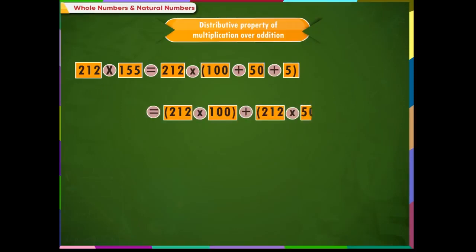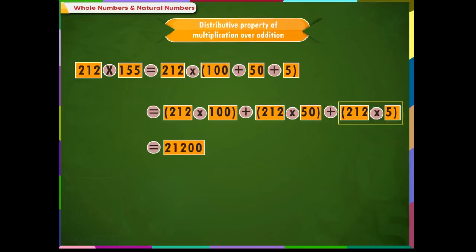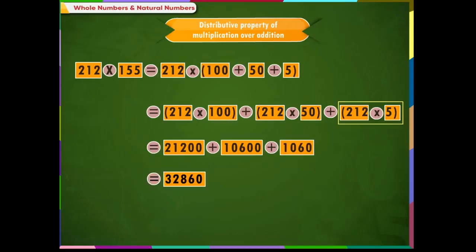We then multiply the numbers in parts, that is 212 multiplied by 100 plus 212 multiplied by 50 plus 212 multiplied by 5, which is equal to 21,200 plus 10,600 plus 1,060, which is equal to 32,860. Thus, we can see that our calculation becomes much easier by using the property.